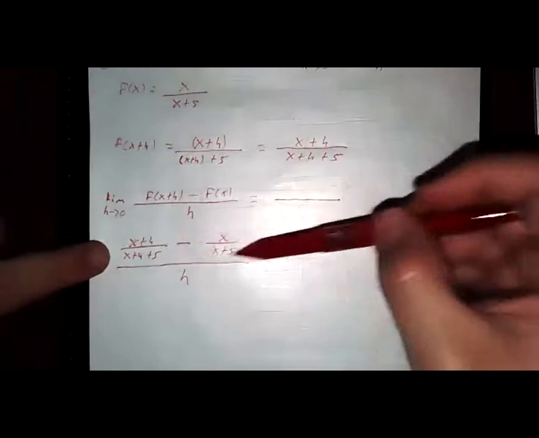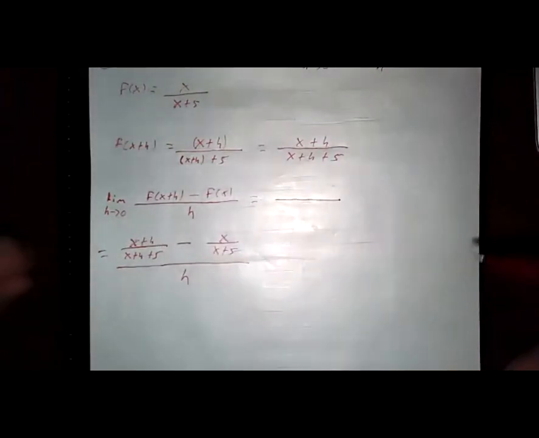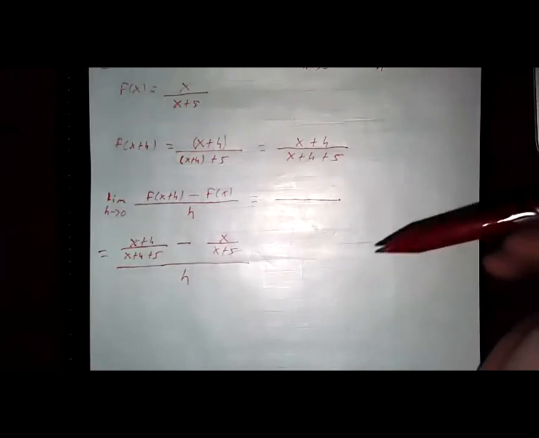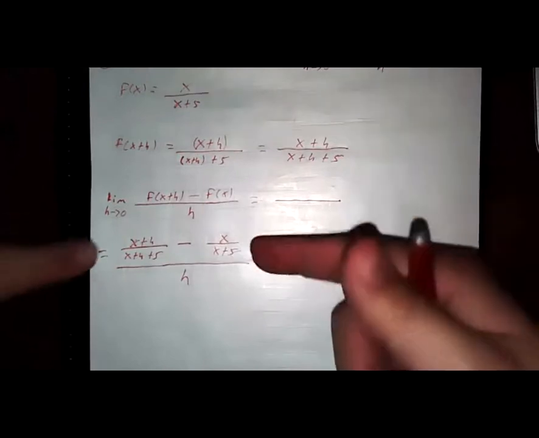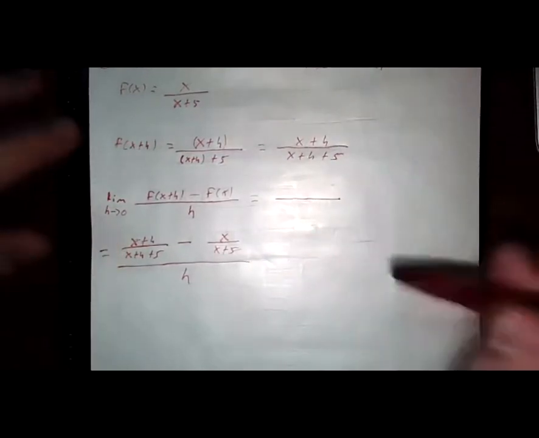So here we got to combine the fractions and then divide by h. Stuff should cancel, and then the h's will cancel. But what is the LCD of these two fractions up here? Because you're going to need it, right?